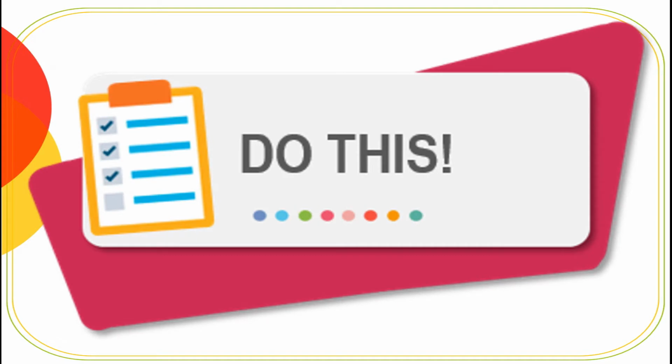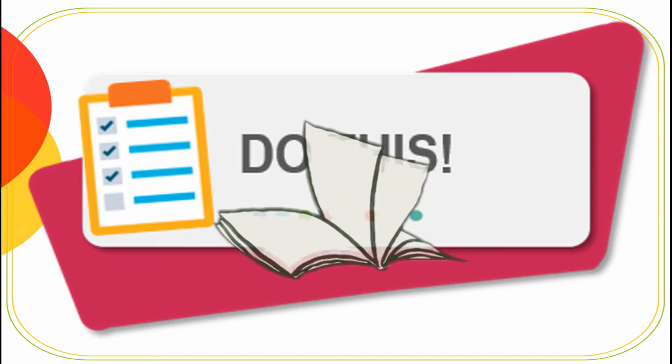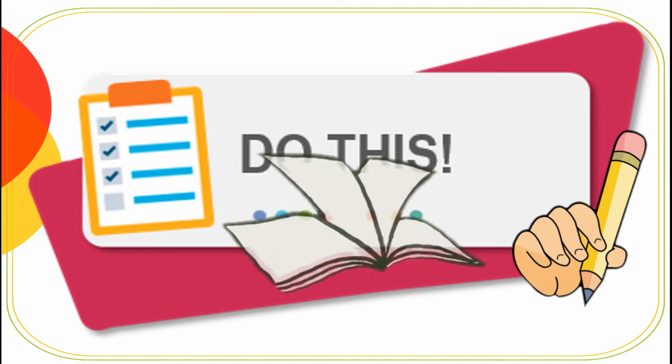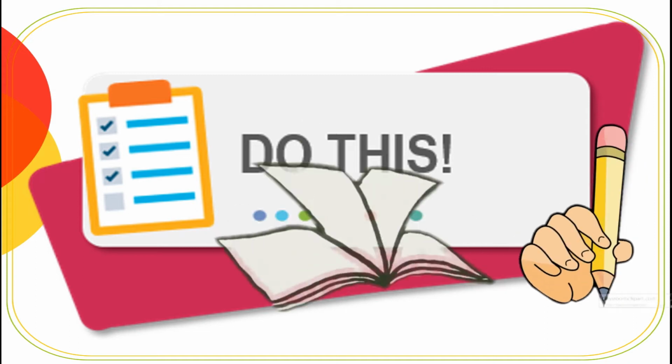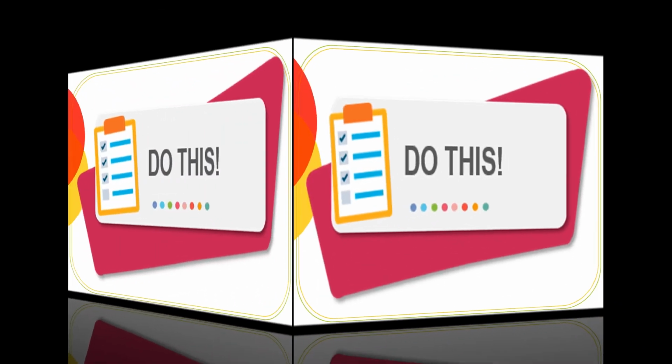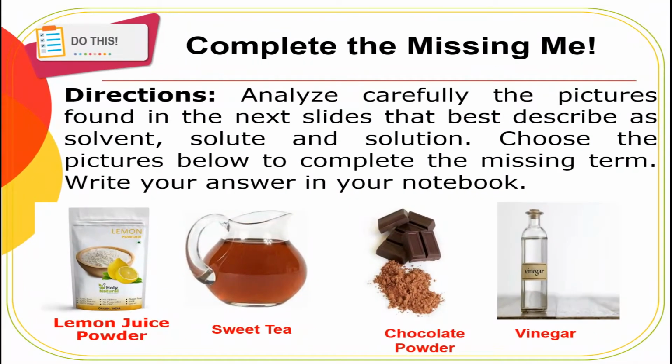Try to do the next activity about solution. Make sure you have your notebook and pen with you. Your answers will be collected by your science teacher. The activity is entitled Complete the Missing Term. Directions: analyze carefully the pictures found in the next slides that best describe a solvent, solute, and solution.